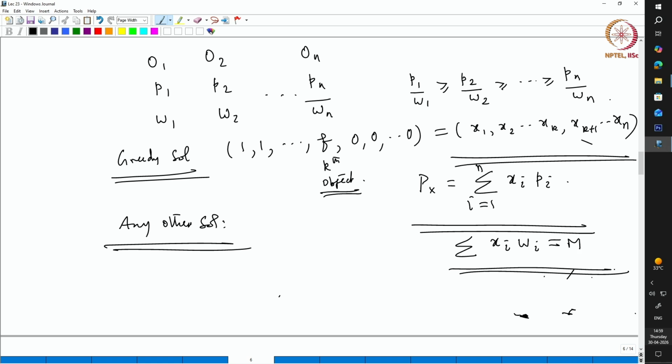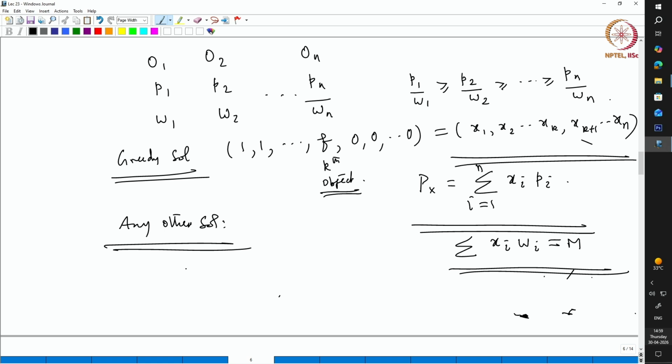Your capacity is fully utilized. If the capacity is not fully utilized, you can take some more, right, and you can increase the profit. That this is maximum means the capacity is fully utilized. Sigma xi wi is m.